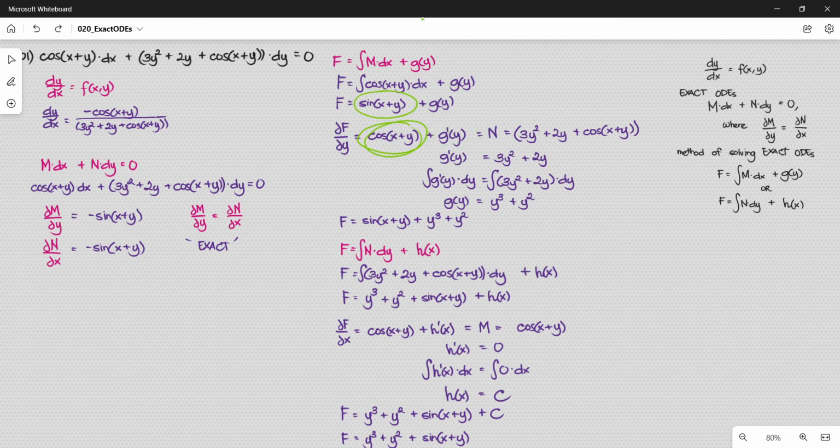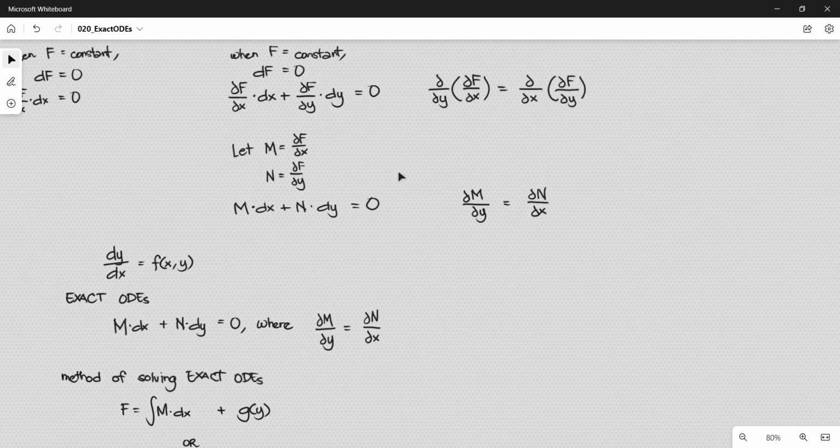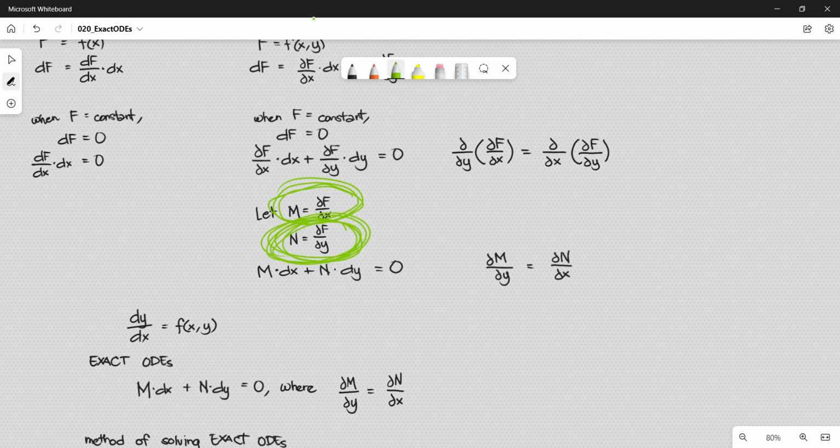So g prime y. Ngayon, kung babalikan natin yung definition sa taas, ang m equal siya sa partial derivative of f with respect to x. And ang n, partial derivative ng f with respect to y. So, sa baba meron tayong partial derivative of f with respect to y.